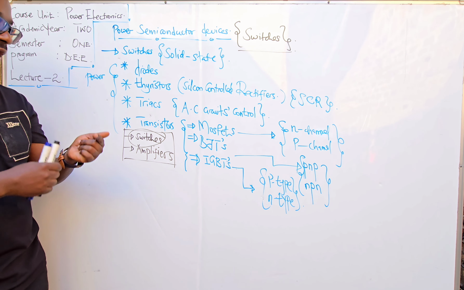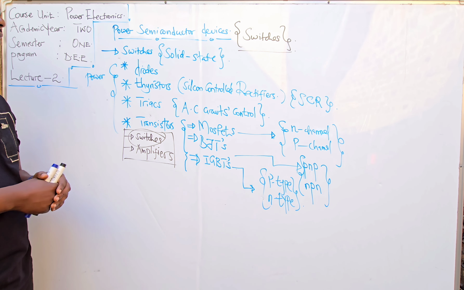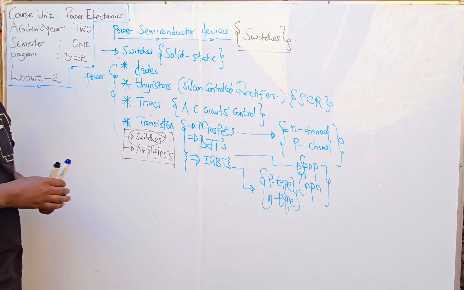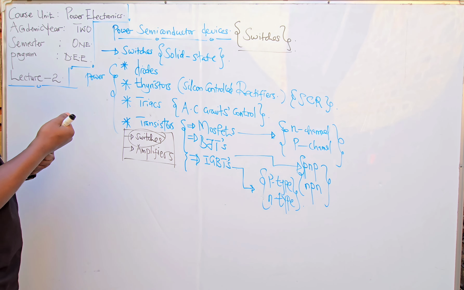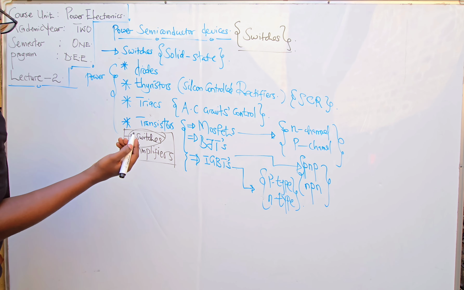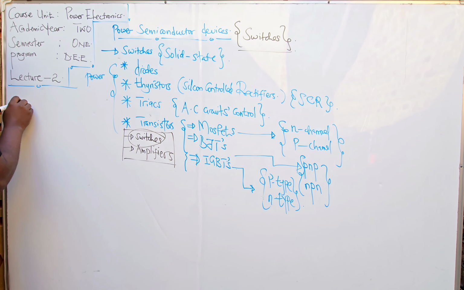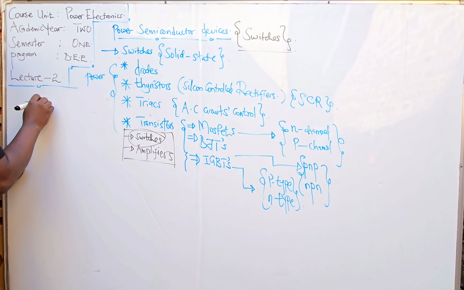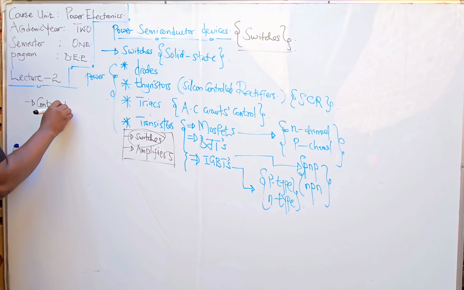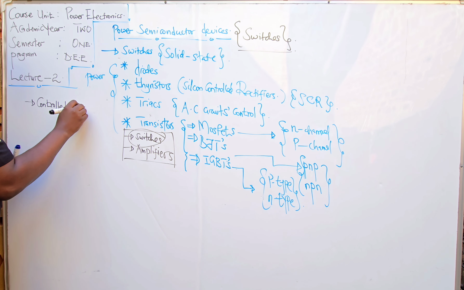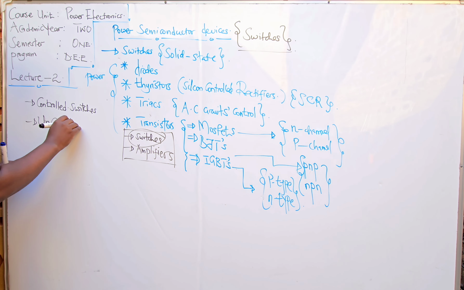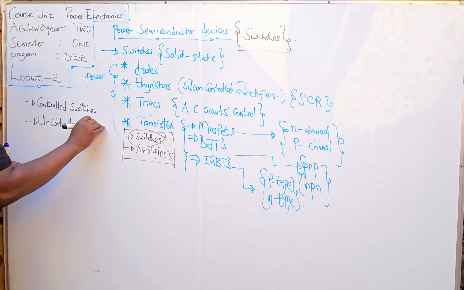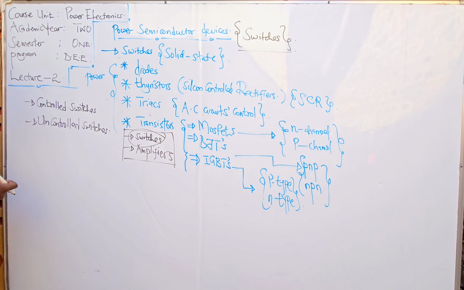Before we wind down this mini lecture and get right to the next one, I wanted to point out something. If we look at these switches, there is something in the form of a category. We have what we call controlled switches and uncontrolled switches.